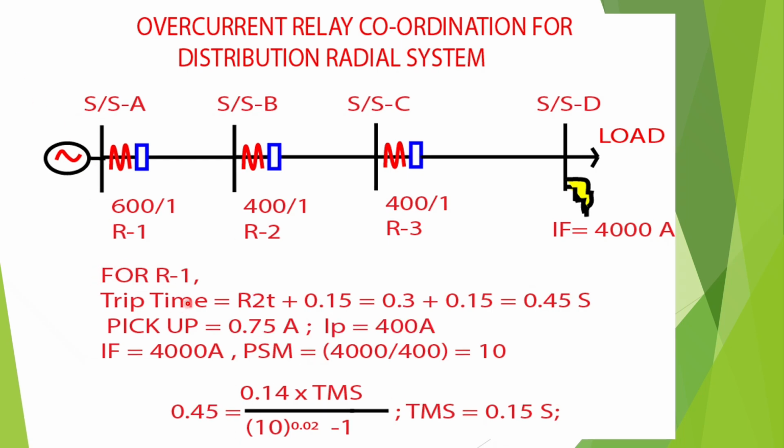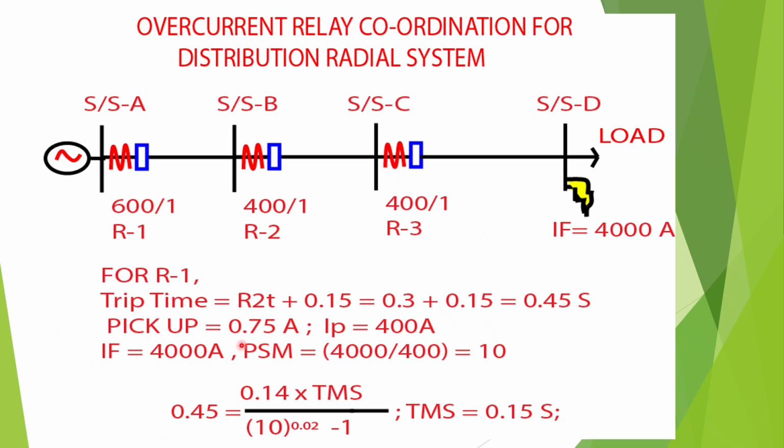Now for relay R1, the trip time shall be the trip time of relay R2 plus a time margin of 150 milliseconds. Relay R2 trip time is 0.3 second plus 0.15, so the trip time for relay R1 is 0.45 second. Now the relay pickup is 0.75 ampere or 75% of the CT ratio.